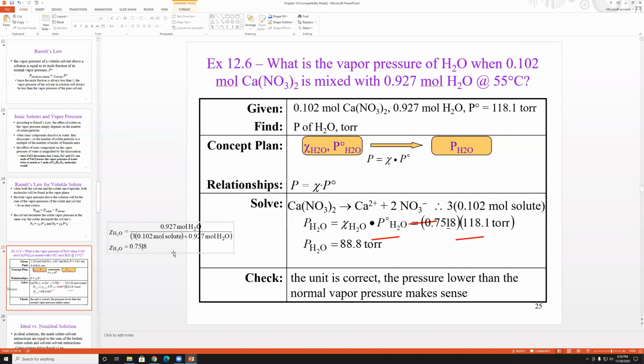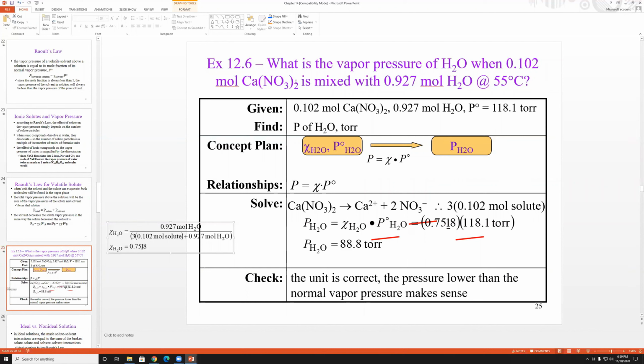Anyway, we're trying to figure out the mole fraction for water because we need to figure out how much the mole fraction is reduced from 1 to see how much the vapor pressure of the new solution decreased. Now, we know we have 0.927 moles of water, and the total moles, because the mole fraction is moles of the substance divided by the total moles, will be the moles in its dissociation. So don't think about it as just moles of Ca(NO3)2.